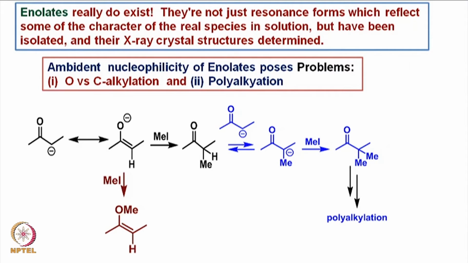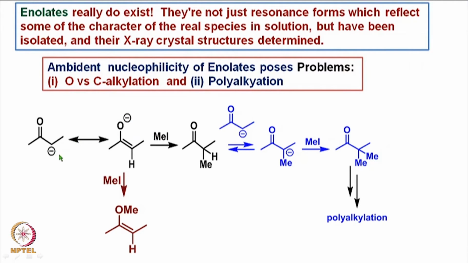So if we have a carbanion of this type, it will exist in its enolate form as a resonance structure, and both these anions, one carbanion, one enolate ion, would show nucleophilic character, and therefore they are ambident nucleophiles.